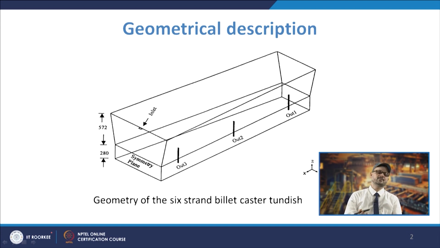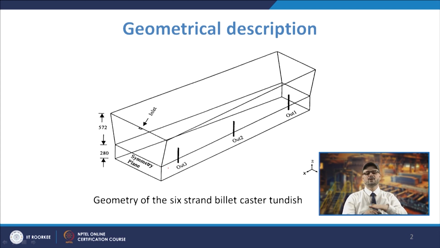This is a typical geometry, again a 6 strand billet caster Tundish, and as you see, you will have 3 outlets, 3 to 1. In this case we are taking outlet 1 as the remotest one, and then 2 and 3, and this is your symmetry plane. It means there will be a plane which goes further in this direction, and this is the impact region, and the region through which the outlet is.